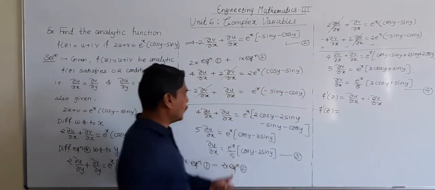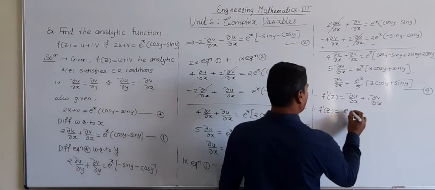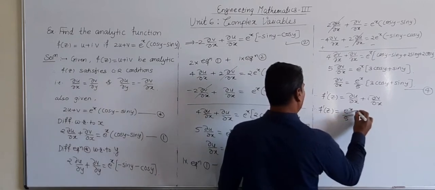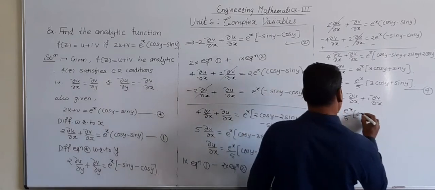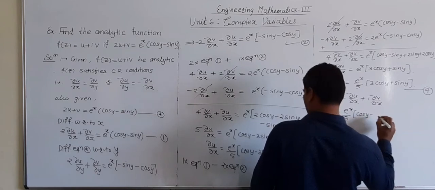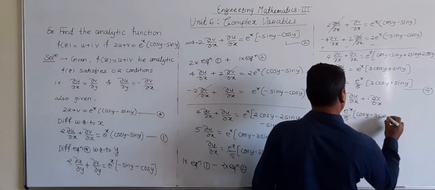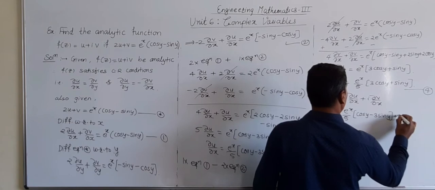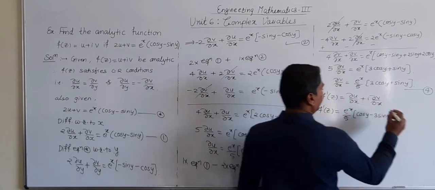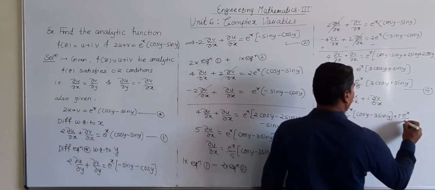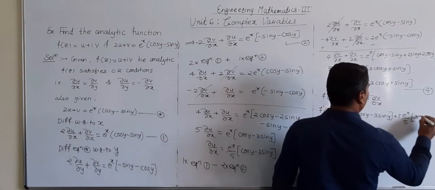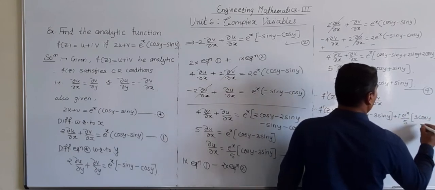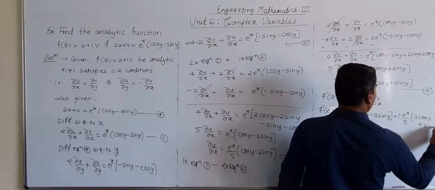From equation 3, this term becomes e^x/5 (cos y − 3 sin y) + i times the partial derivative of v with respect to x, which is e^x/5 (3 cos y + sin y).